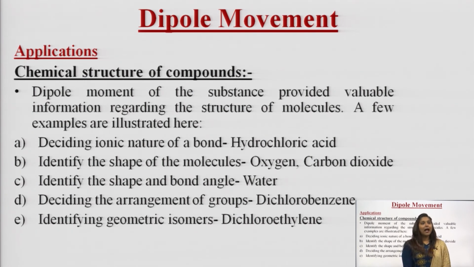Identifying the shape of the molecule, like carbon dioxide. Next, identifying the shape and bond angle, we have the example of water. Then deciding the arrangement of groups, for example dichlorobenzene, and lastly identification of geometric isomers, we have dichloroethane. So, these are the chemical structure applications with examples.